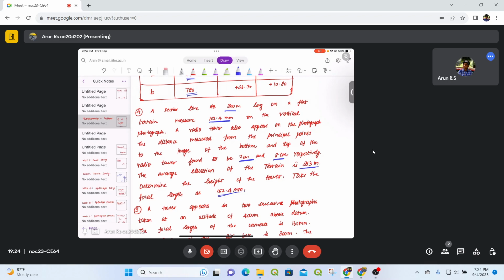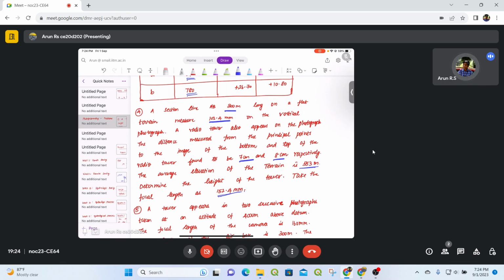So the distance of the top of the tower and bottom of the tower from the principal point, that is your r and r naught, is given. So you'll be able to find out the relief displacement. And the average elevation of the terrain is 553 meters. Determine the height of the tower.